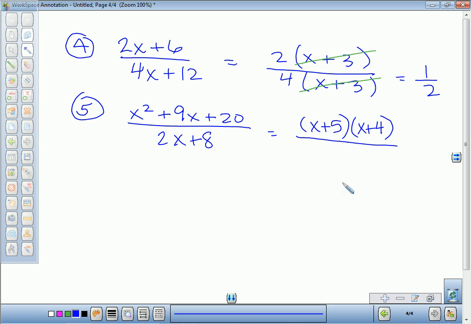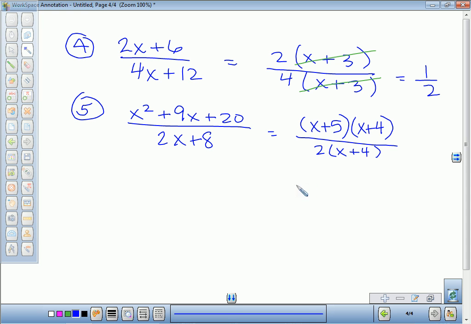Will the denominator factor? Yes. The denominator has a GCF. What is the greatest common factor of the denominator? 2. And when I factor out the 2, what am I left with? Okay. Now, the numerator is written as a product. The denominator is written as a product.